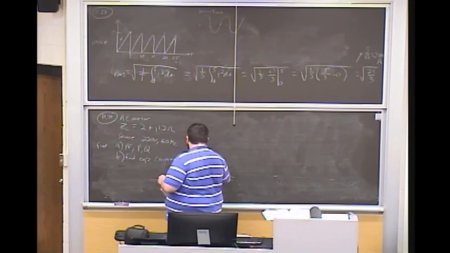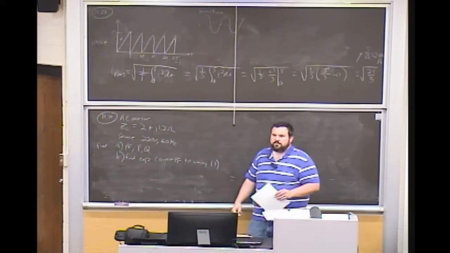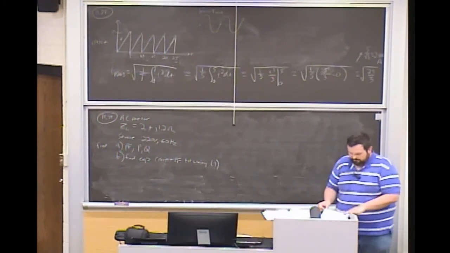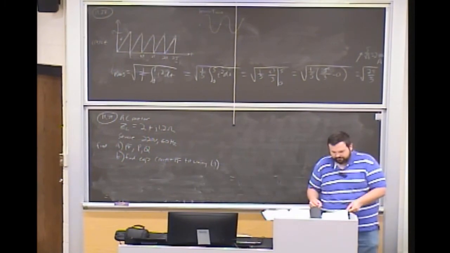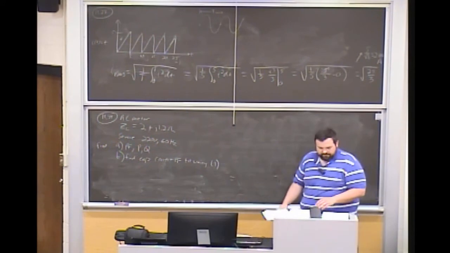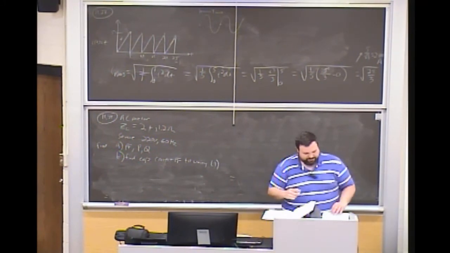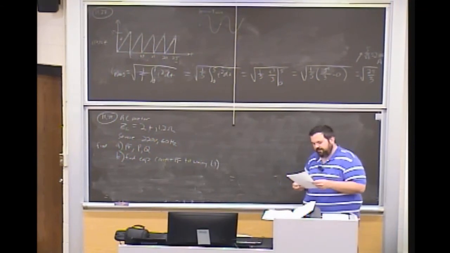And unity means 1. Okay, we want it corrected to unity. All right, so what we can do is go ahead and find the RMS values of these things.